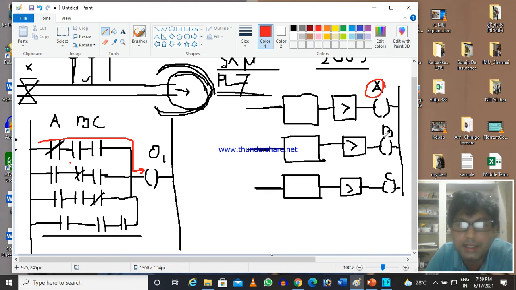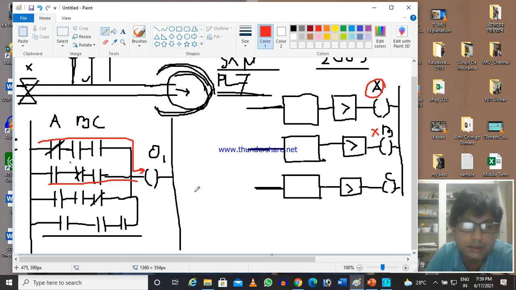Another condition, say B is not working fine but A and C are working fine. So that's why I taken B as NC. So the feedback, the response will be taken from A and C, and that time through this path the solenoid will be actuated.